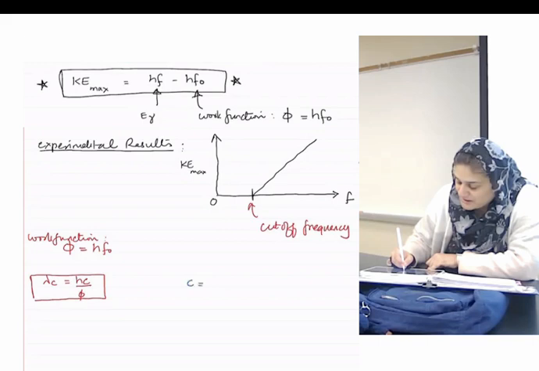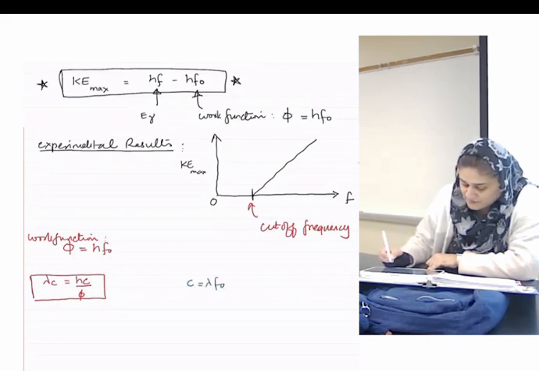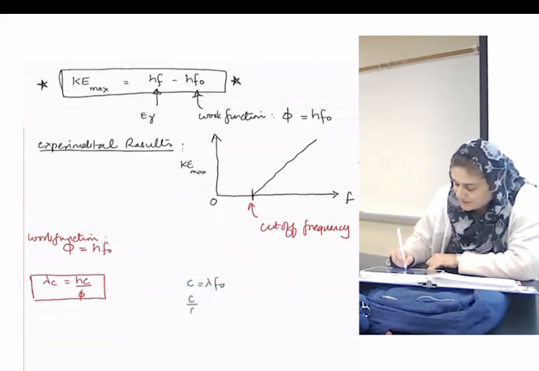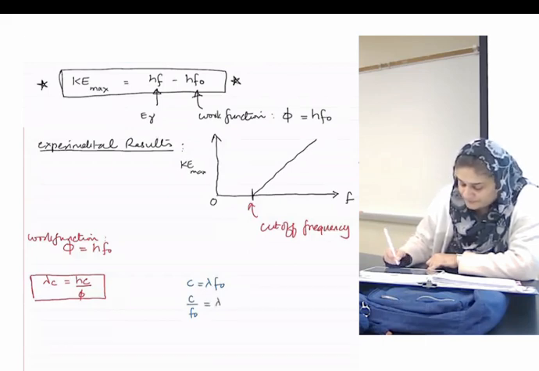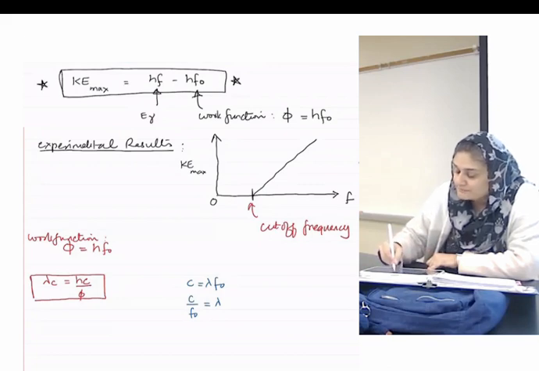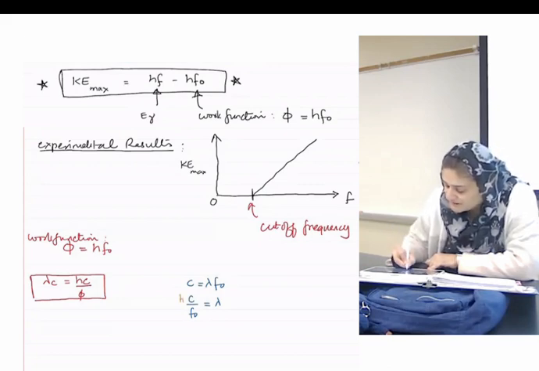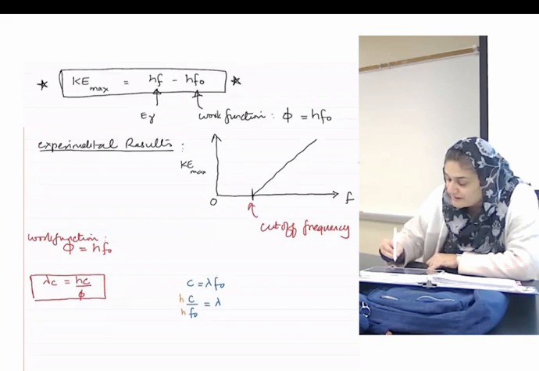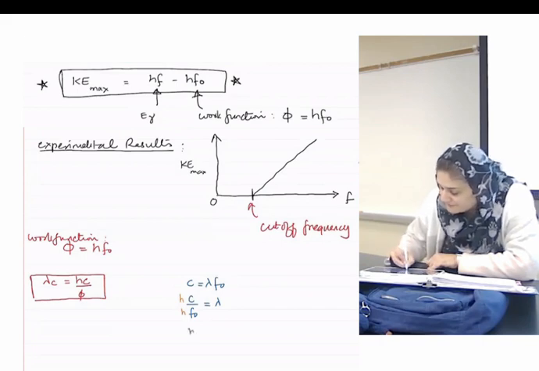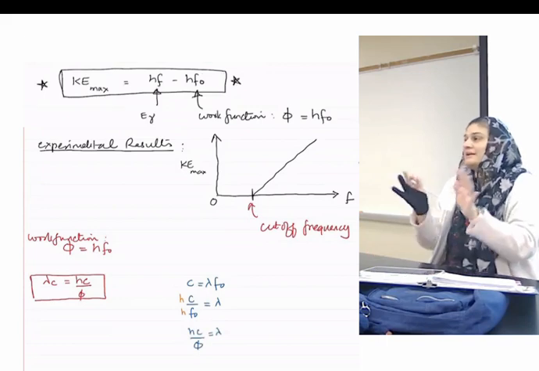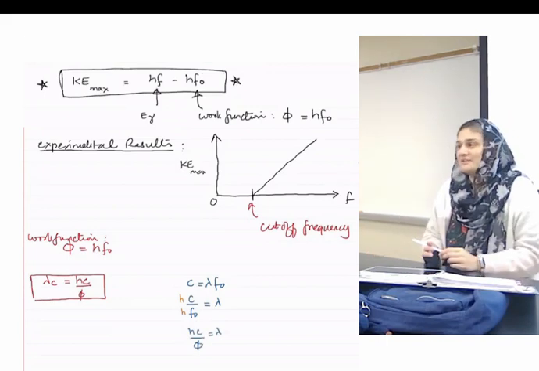We know speed equals lambda f0, so c over f0 equals lambda. Because we are now talking about quantum scale, multiply this with h, multiply this with h, what do you get? hc over phi. It's not like I plucked it out of thin air, it's the same formula.